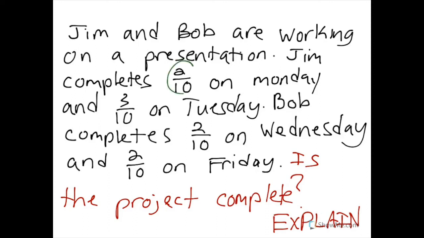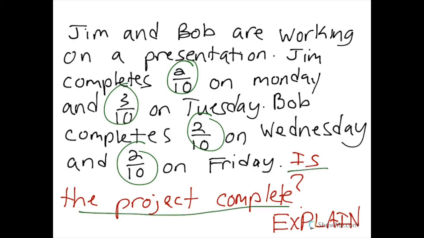So we're going to circle our numbers, and underline our question. So is the project complete? Any action words? Let's see. Jim and Bob are working on a presentation. Jim completes 2/10 on Monday and 3/10 on Tuesday. Bob completes 2/10 on Wednesday and 2/10 on Friday.